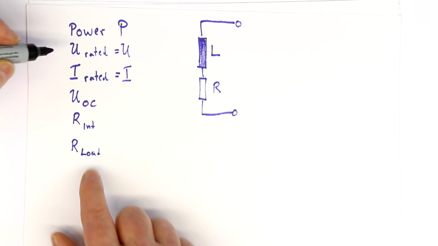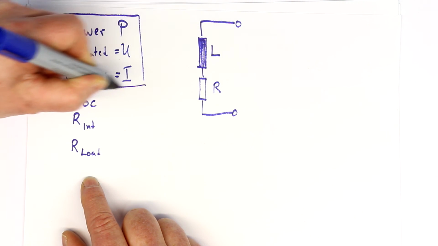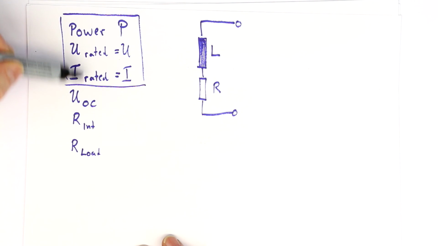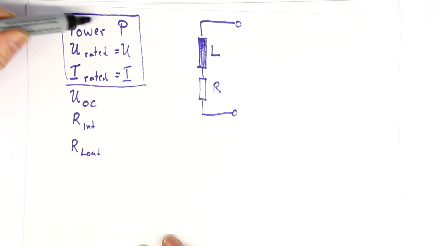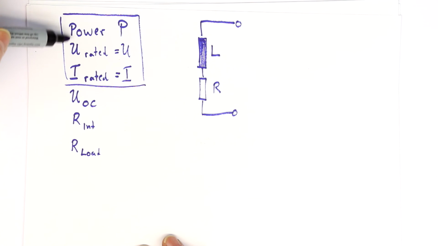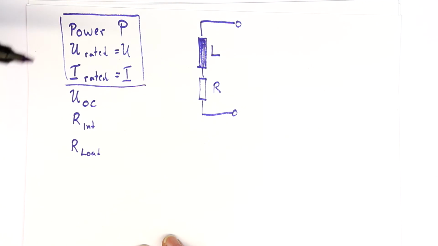Now let's start with the first three, and usually you only need 2 of the 6 values here to calculate all the others. The most common situation is that your transformer only gives you 2 of the 3 values: power, rated voltage, and rated current.